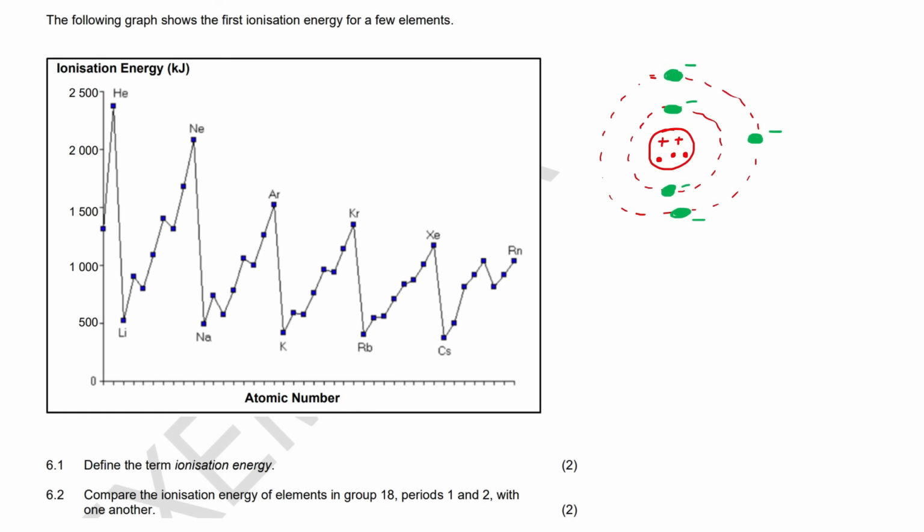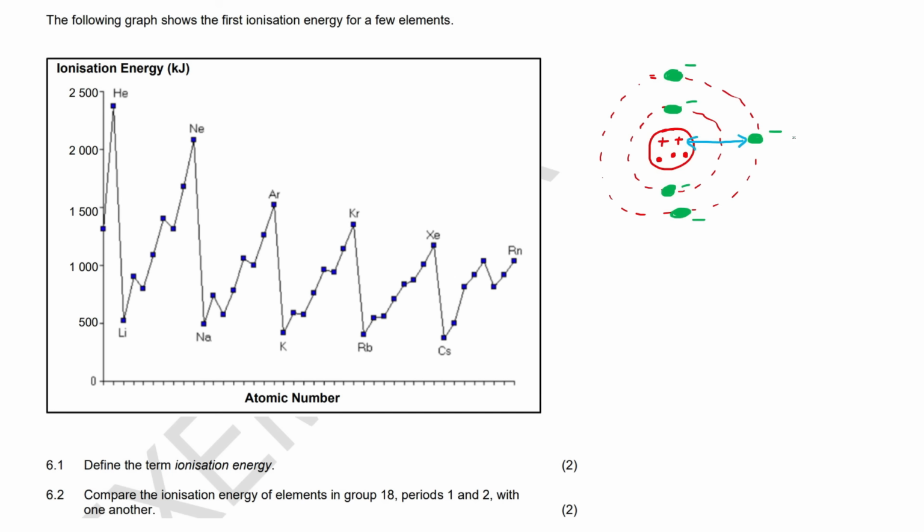But they are going to be a little bit challenging to pull away. Why? The reason is, can you see that in this nucleus, there are some positive protons? There they are. Now, what would those positive protons be doing to these electrons? Well, opposites attract.